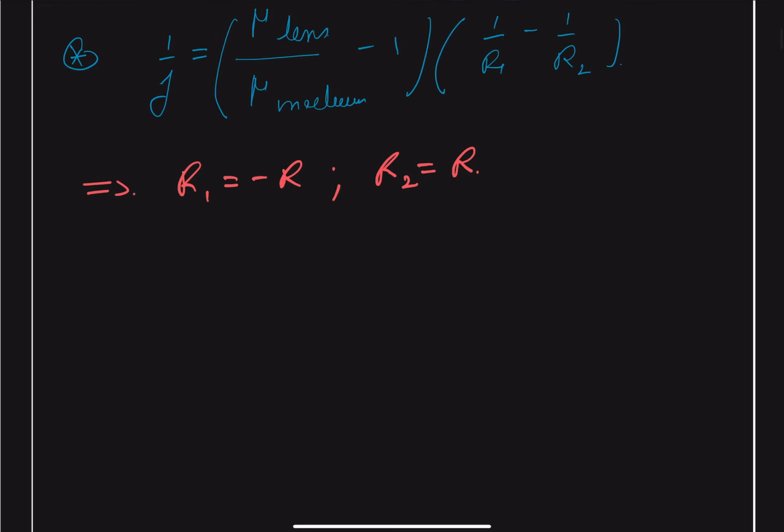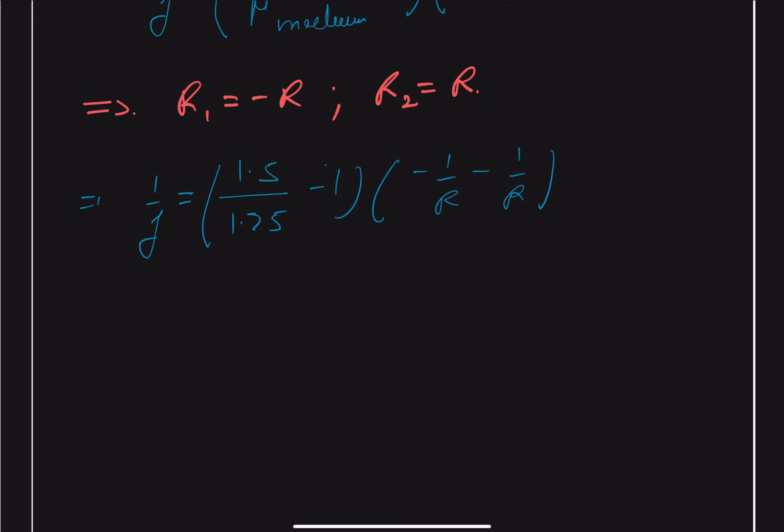So we substitute the given values, and we get 1 upon f is equal to 1.5 upon 1.75 minus 1, times minus 1 upon r.